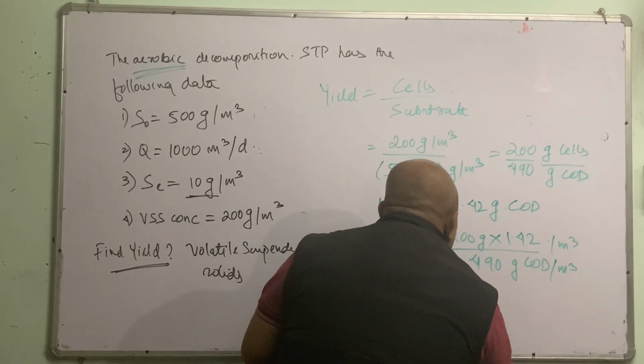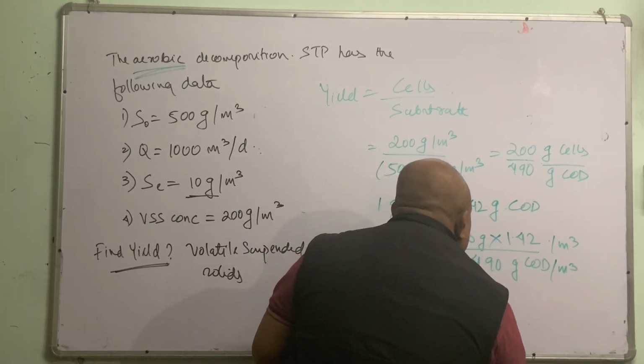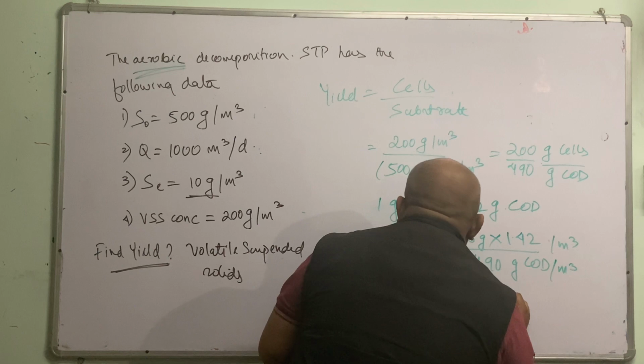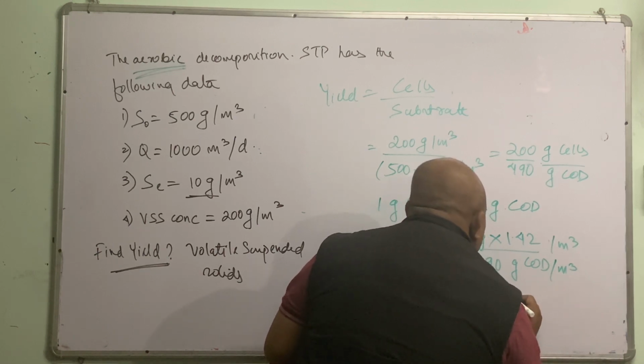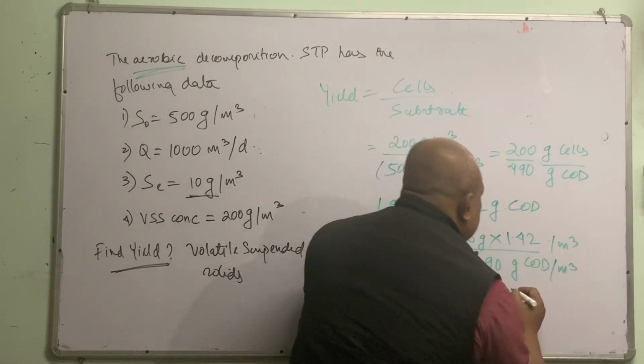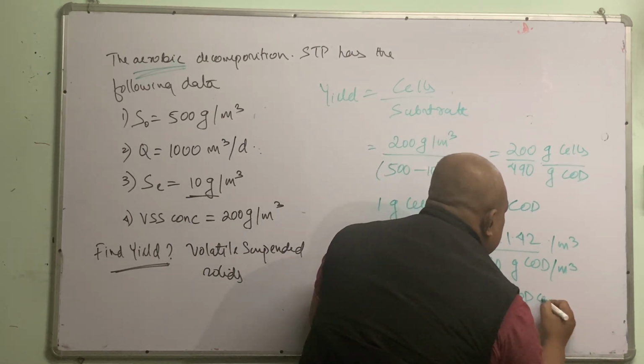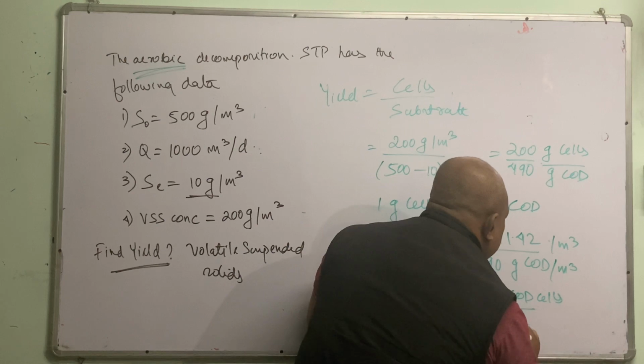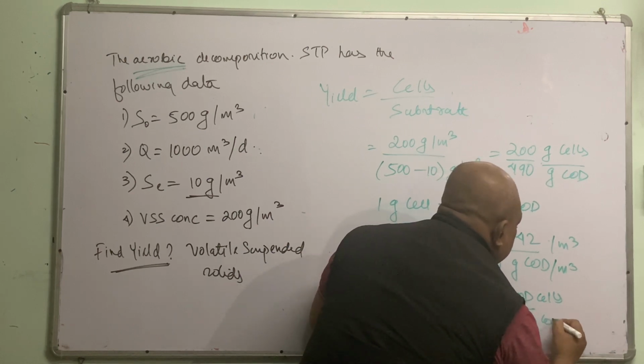This is 0.58 grams of COD cells by grams of COD consumed.